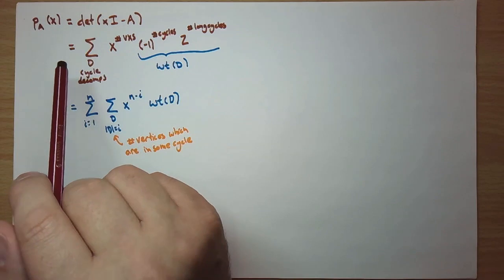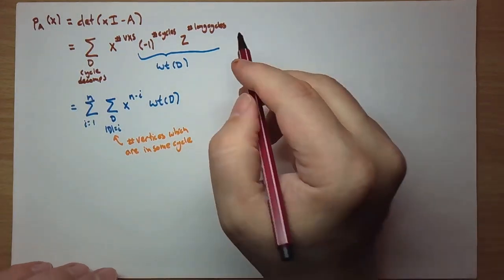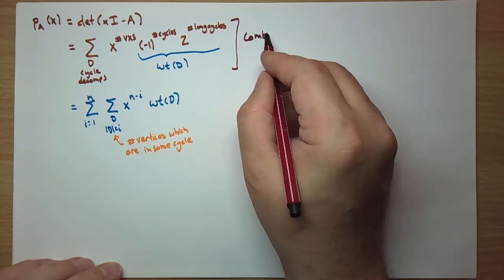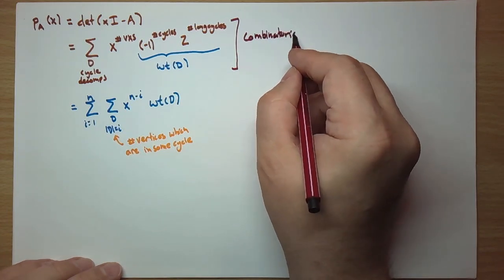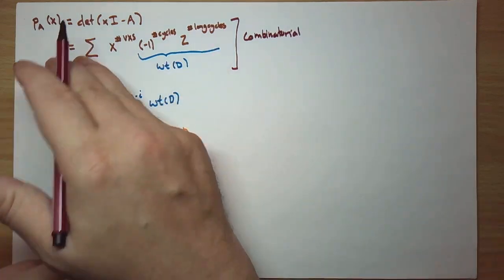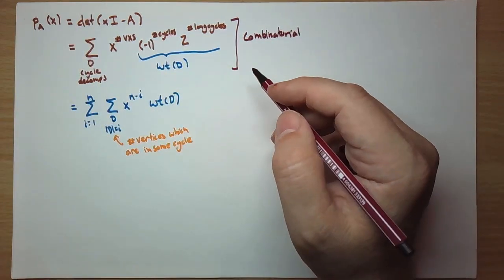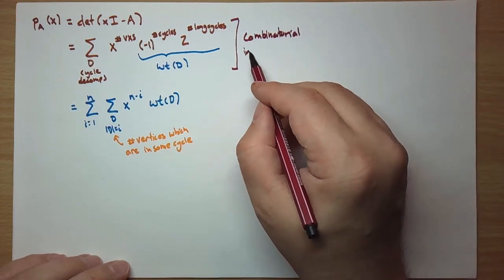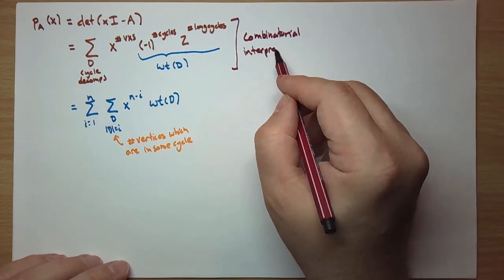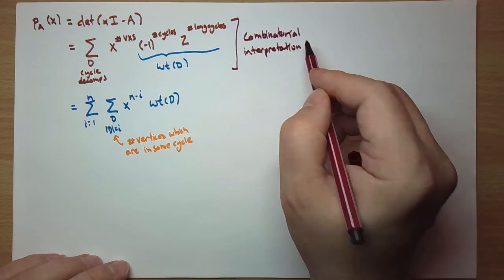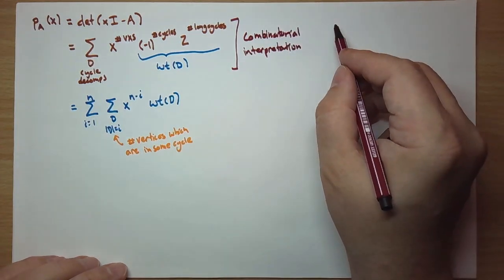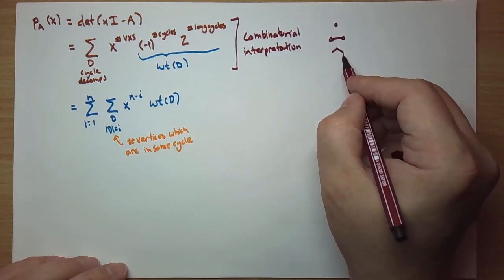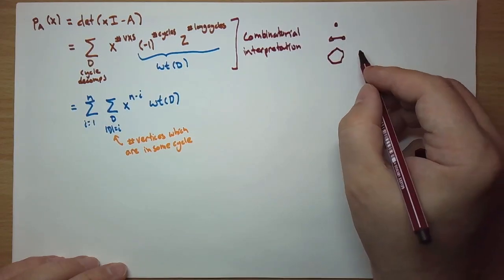And we saw that we can think of this combinatorially. Our combinatorial interpretation says, when you're computing a determinant, you're looking at all these transversals and asking which transversals are non-zero. Then how can we interpret that in terms of the graph? We have isolated vertices, we have edges, and we have cycles of length 3 or more.